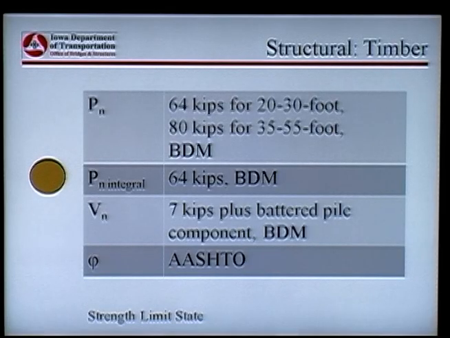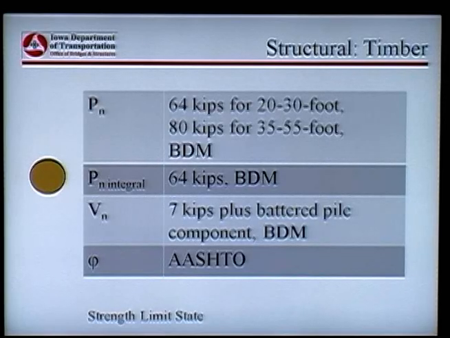Phi factors for the structural use would be from AASHTO. For the timber piles, we've again gone back to our past practice, converted the previous ton values for piles: 64 kips for the shorter timber piles, 80 kips for the longer ones.